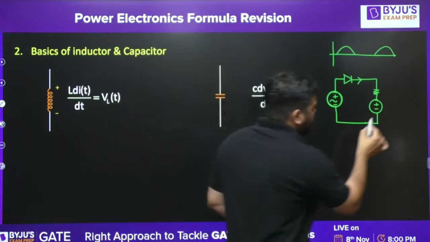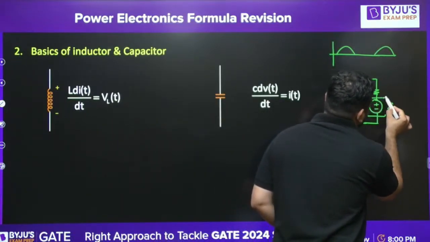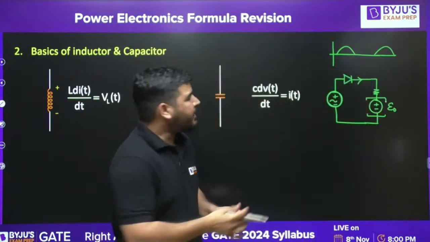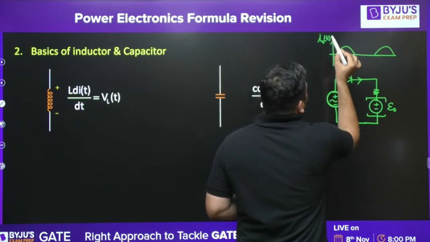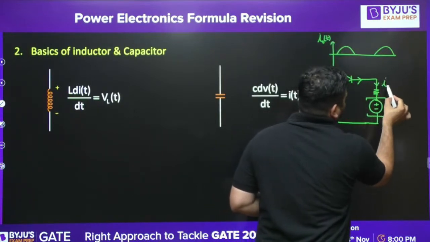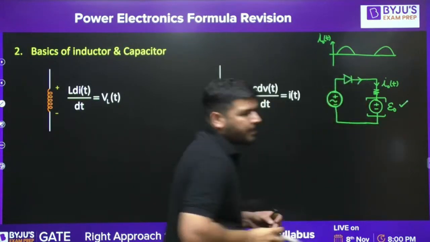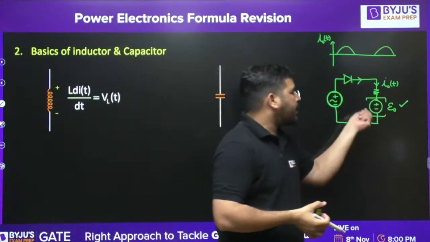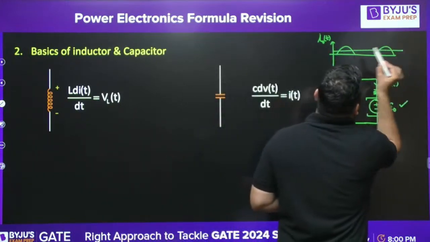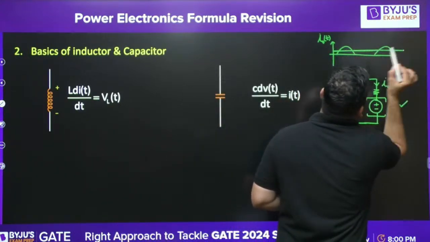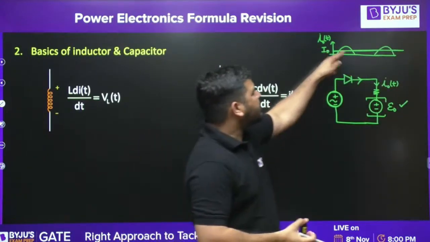Now can you tell me the power absorbed by this source? How much power will this source absorb? We know that the current is this, my i naught(t). Since this source is a DC source, it will absorb power only from the DC component of the current. You remember this. Because the current has harmonics.